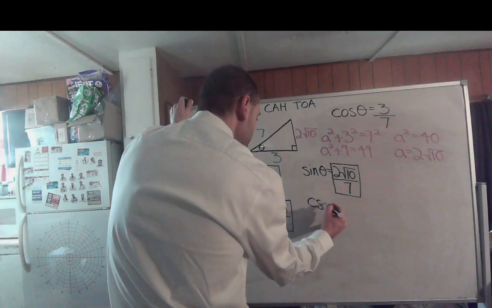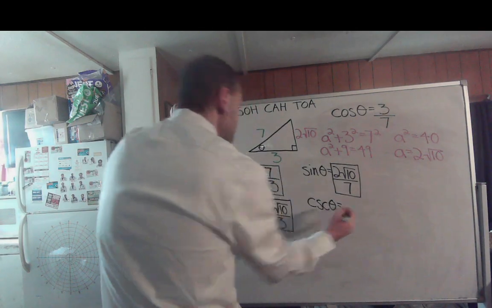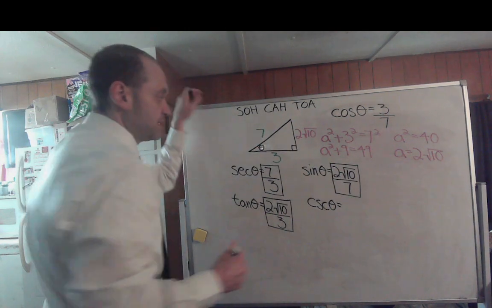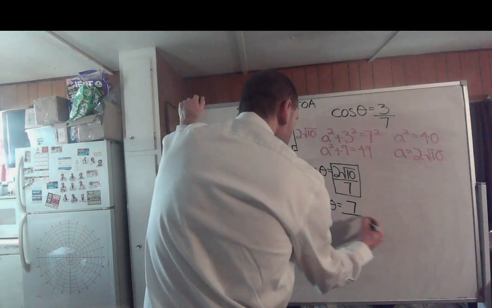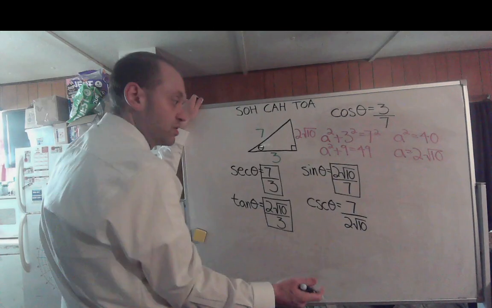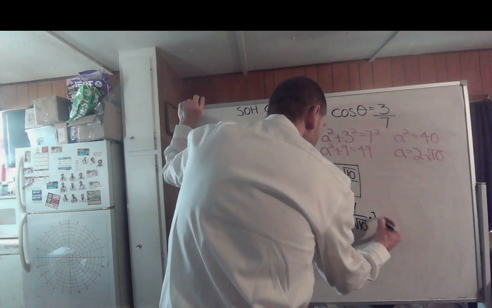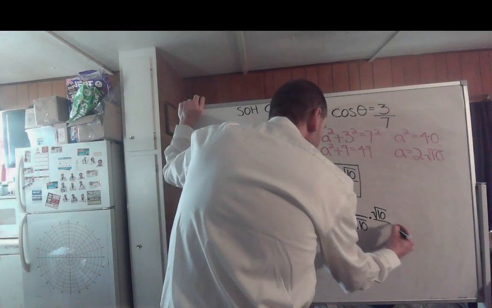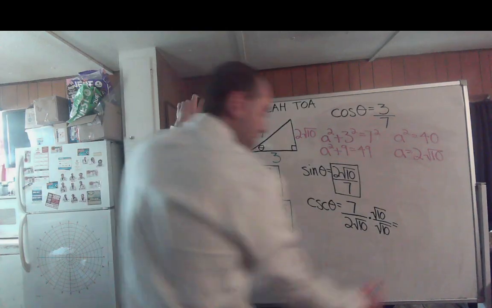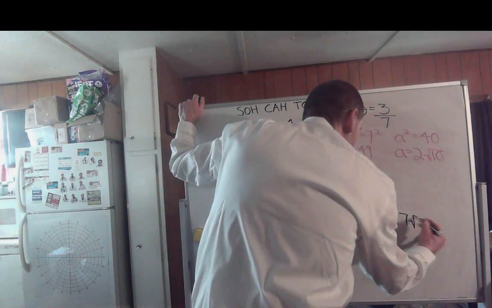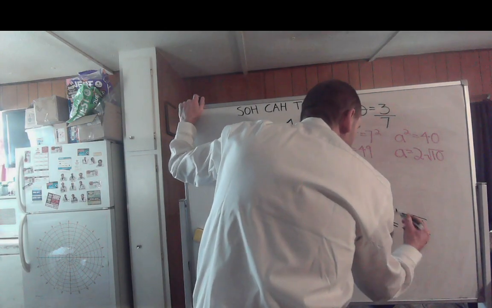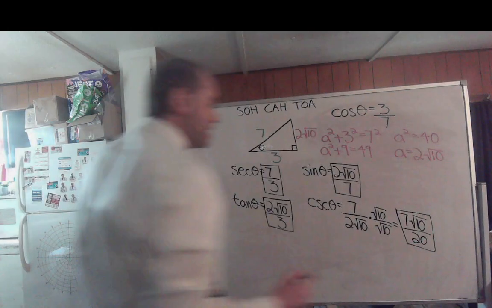That's just the reciprocal of the sine, so that's going to be the hypotenuse over the opposite leg, so that would be 7 over 2 times the square root of 10. Well, we need to rationalize this, so let's do that. What you really end up getting for the cosecant is 7 times the square root of 10 all over 20. So that was not a pretty one to get whatsoever.